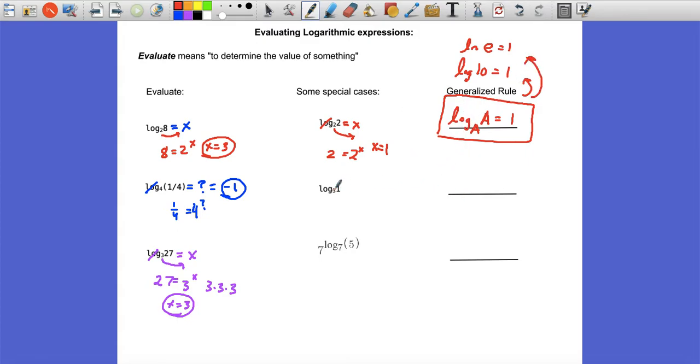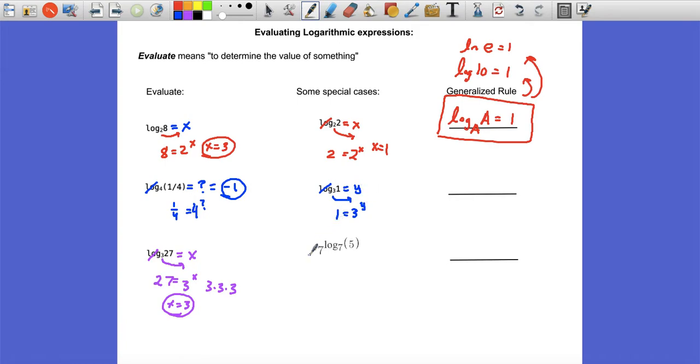Okay, log base 3 of 1. Let's investigate that one. So again, we want to figure out what this is equal to, so we'll say equals x or equals, we'll go with y this time. Doesn't really matter what variable we use. So we rewrite it, bringing our base over here with the y. So we get 3 to the y power equals 1. Again, our log disappears when we remove its base.